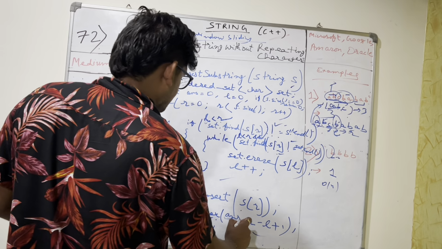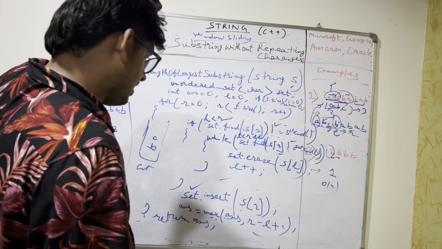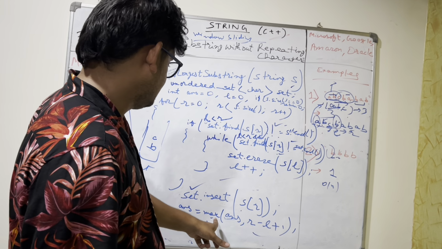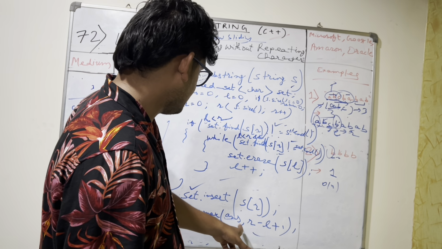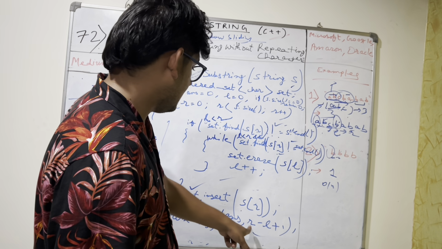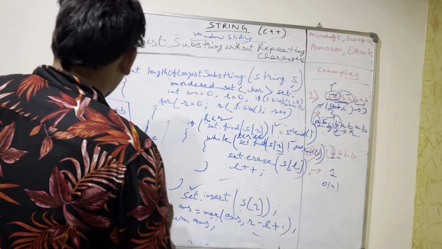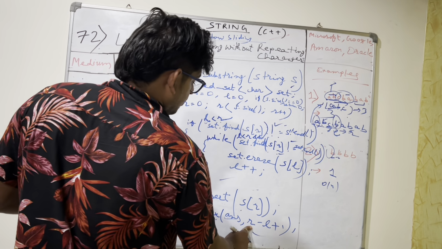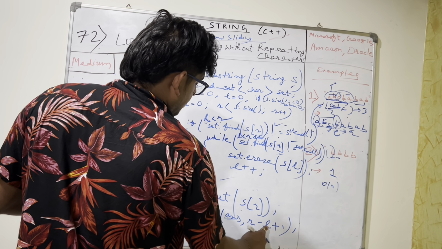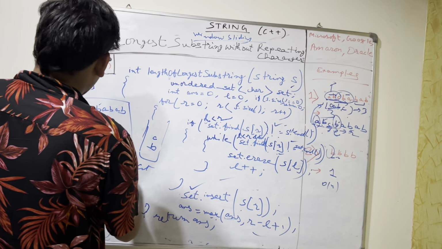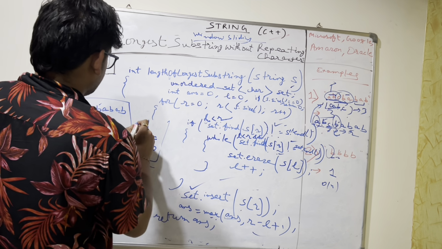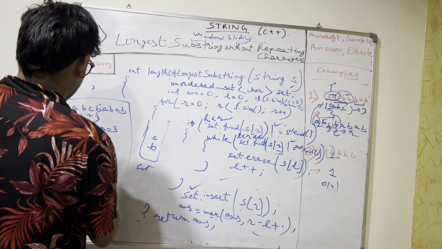And then we see what would be the answer. Earlier, what was our answer? Did we store our answer in the beginning? Yes, we stored it: R minus L plus 1. Every time we were inserting A, B, C, L was 0, R was 2, so 2 plus 1, 3. So the answer was actually 3.